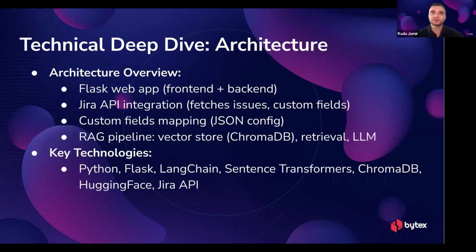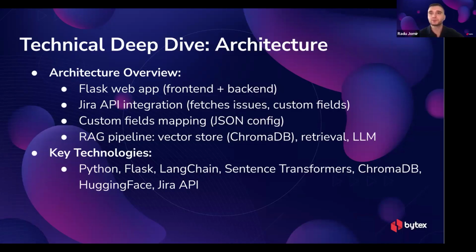We integrate with Jira through their API to fetch issues and custom fields. The custom fields are mapped through a simple JSON configuration file, making it easy to add new fields without changing the code. And the heart of the system is our RAG pipeline.